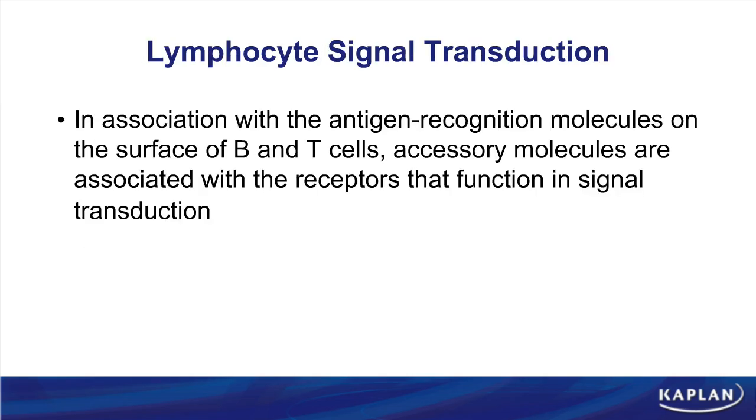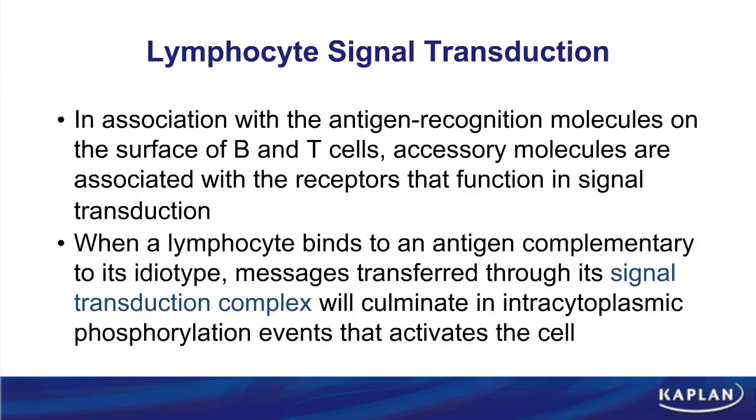So we just took a look at the B cell and the T cell receptors. Each one of those receptors is actually associated with accessory molecules within the B and T cell membrane that help transduce signals across the cell. When a lymphocyte binds to antigen, the receptors recognize that antigen, but it's these co-receptors and signaling molecules that are essential to transducing the signal across the cell.